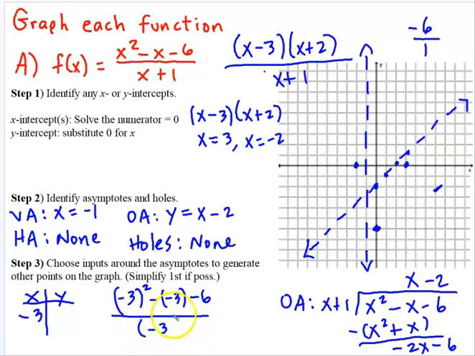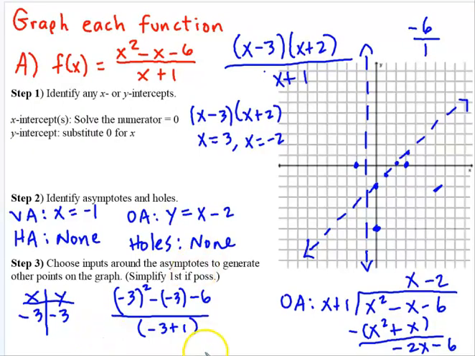And if you put operations in parentheses like this, you need to put parentheses around that denominator entirely if it represents an operation. Just my mental math, you can check me. I got -3 as an output.